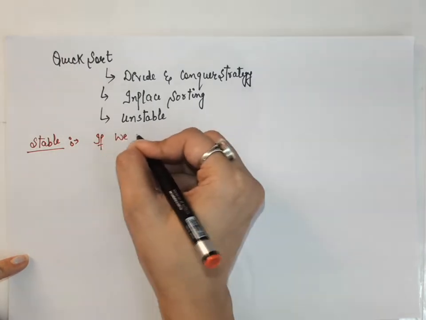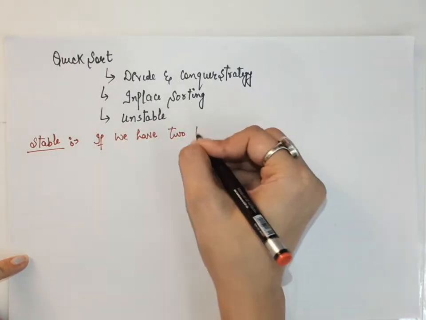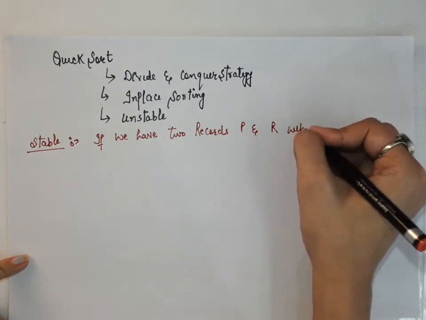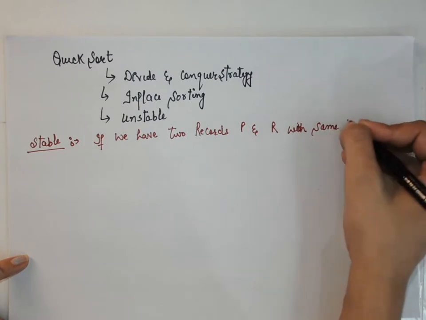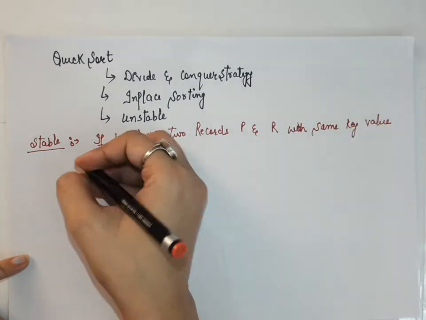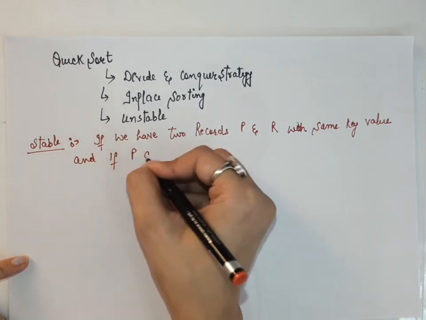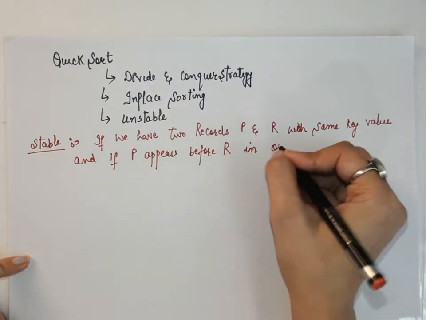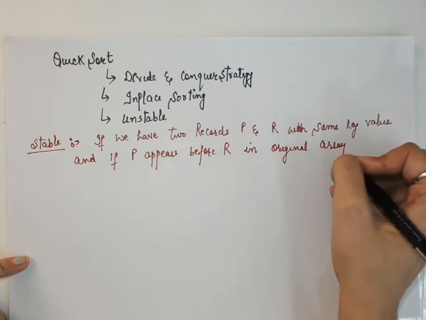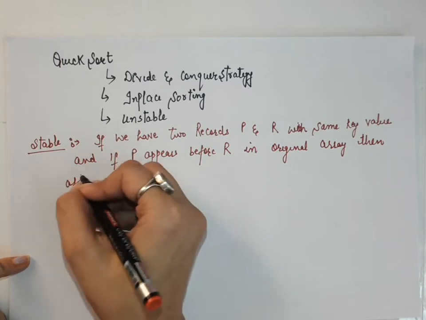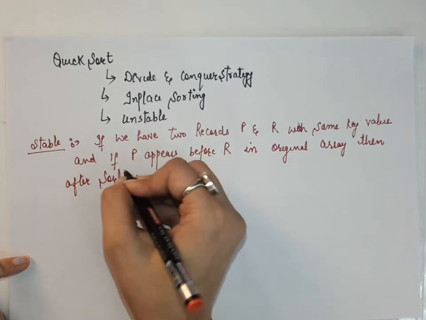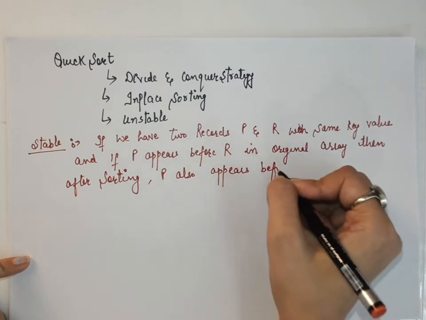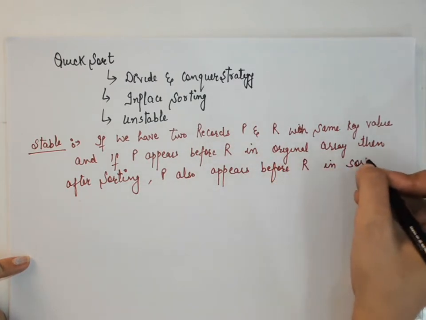If we have two records P and R with the same key value, and if P appears before R in the original array, then after sorting P also appears before R in the sorted array.